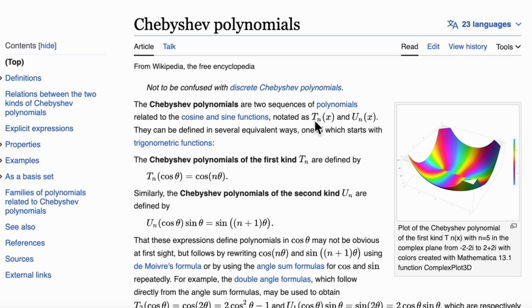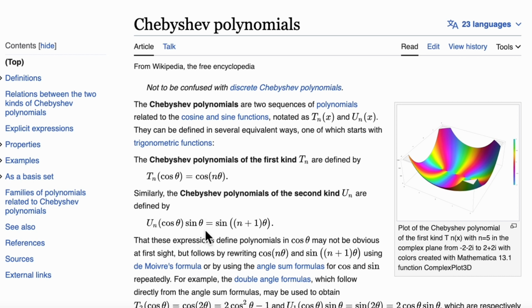That is T_n(x). So basically, a Chebyshev polynomial of the first kind, T sub n, is defined as a polynomial in terms of cosine theta for cosine n theta. And similarly for the second kind, U sub n, that is for sine (n plus 1) theta, the coefficient in terms of cosine theta times sine theta.